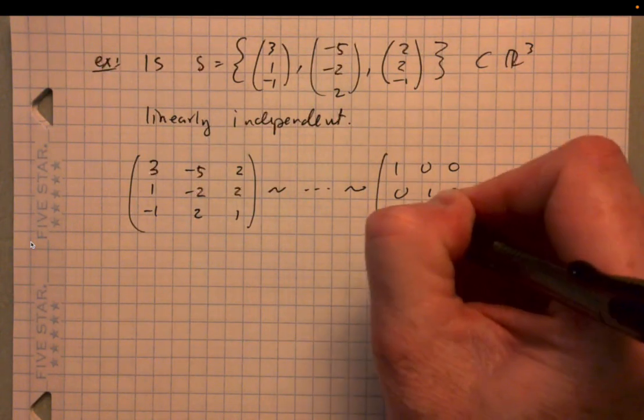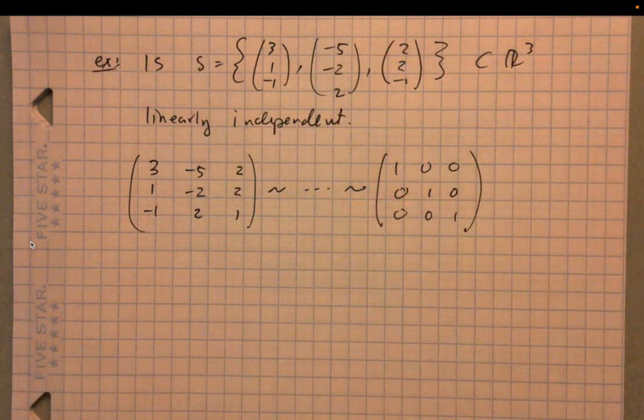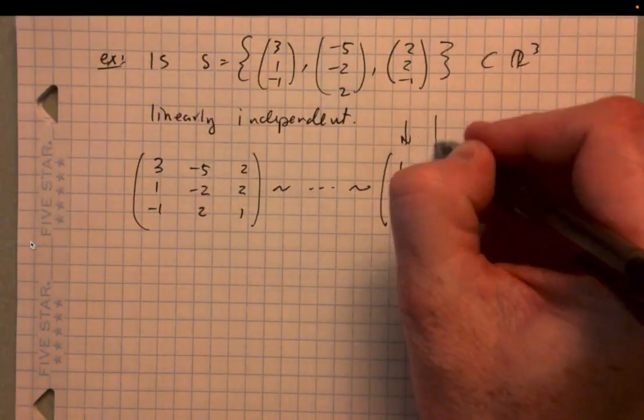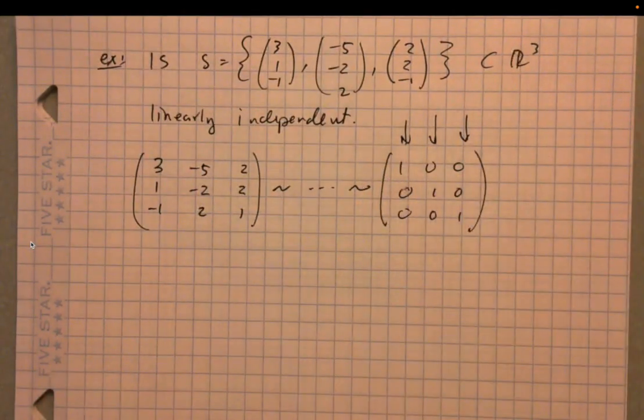Now please pause the video, double check that you can get to this. Just in the interest of time, we don't want to be doing row operations and actually going through the steps, but this is just a calculation, right? Once you get to this point, you can see, yes, indeed, I've got a pivot there, a pivot there, and a pivot there.